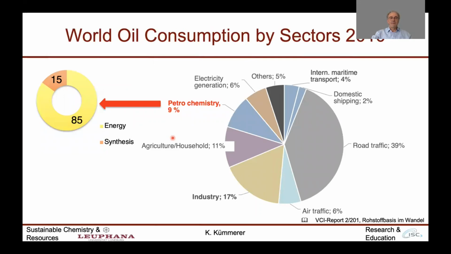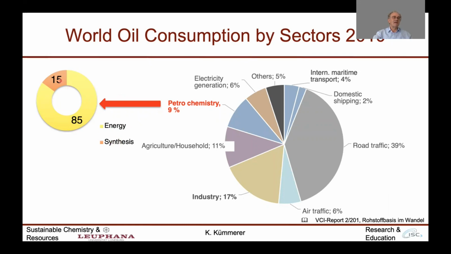And also, if we have a look at world oil consumption by sectors, half, more or less, is only by transportation of goods and humans. Petrochemistry here uses about 9% of the fossil oil, and again here 85% is for energy demand.